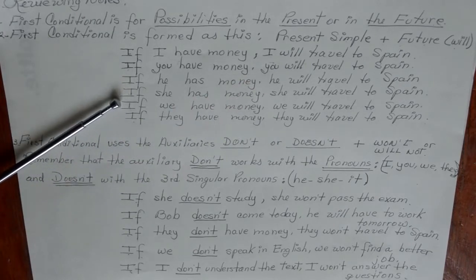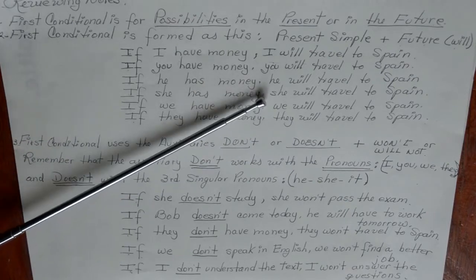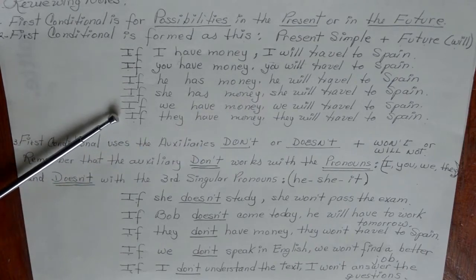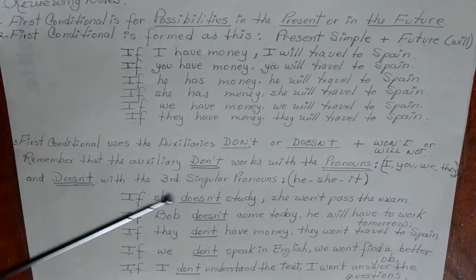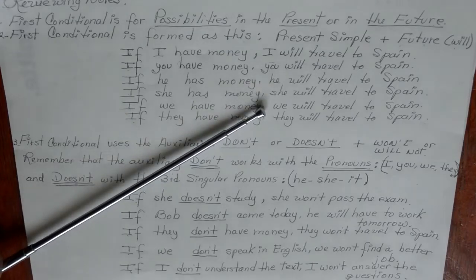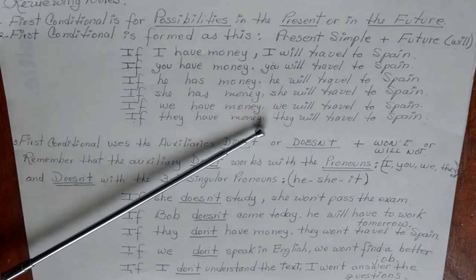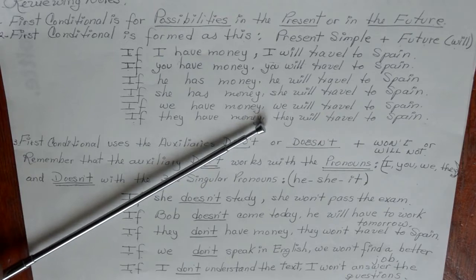If she has money, she will travel to Spain. If we have money, we will travel to Spain. If they have money, they will travel to Spain.